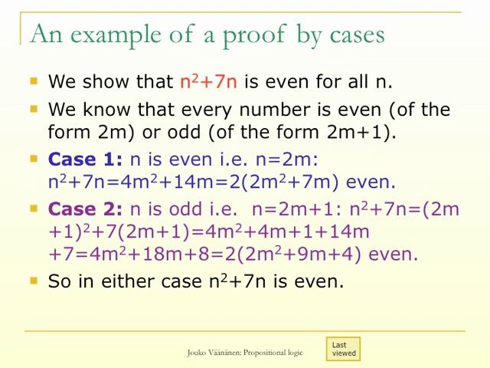So in either case, n squared plus 7n is even. So n squared plus 7n really is always even.